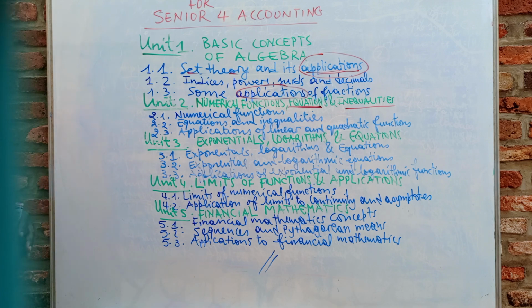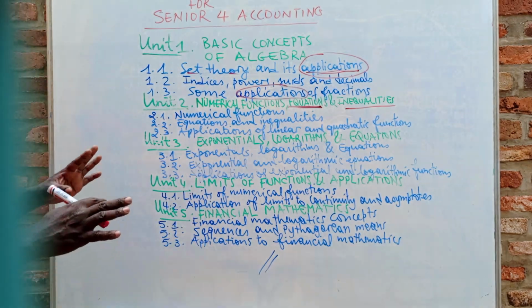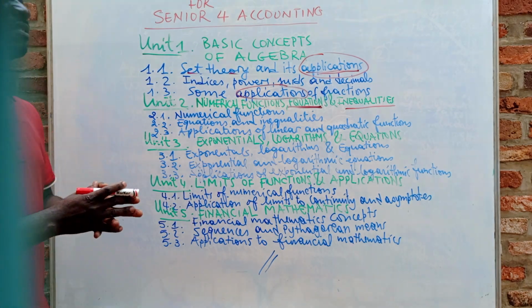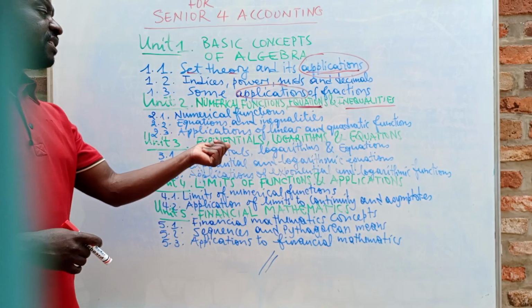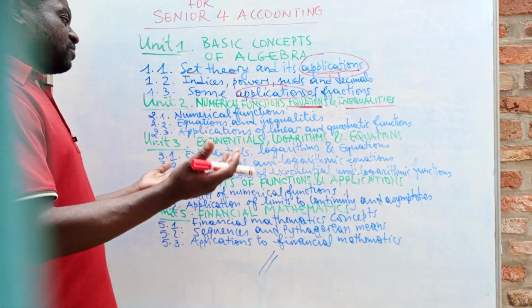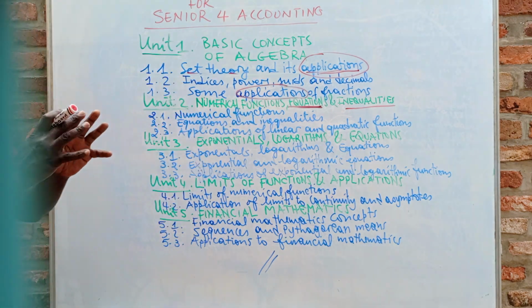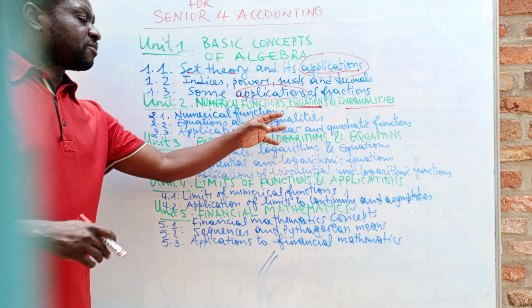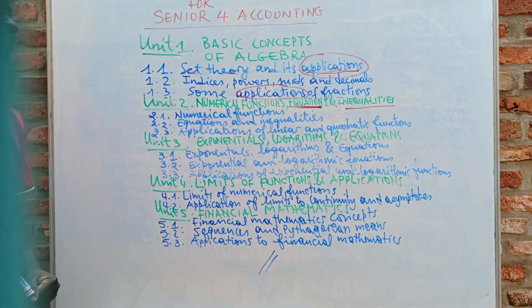So the first subunit is numerical functions. Here we're going to be talking about numerical functions, their description in terms of domain and range, and even some concepts about the graph of numerical functions.